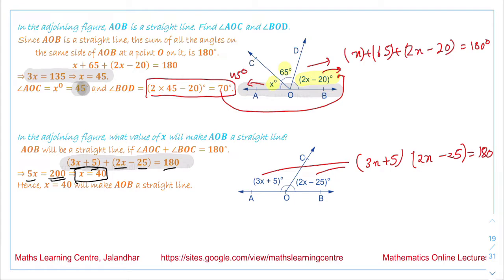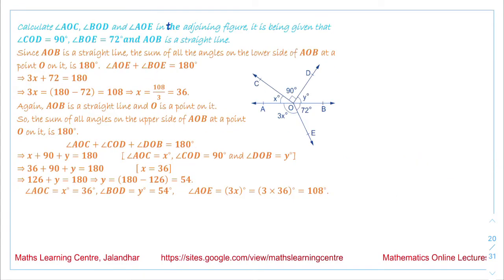Now in the next question, we have to calculate angle AOC, angle BOD, that is, we have to calculate the values of x and y, and we have to calculate the angle AOE.